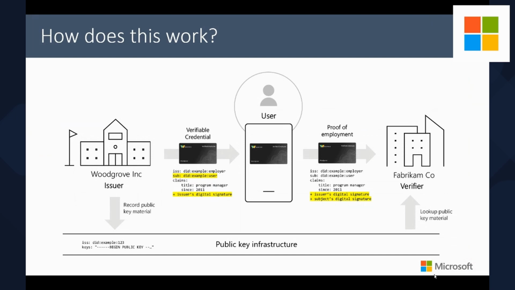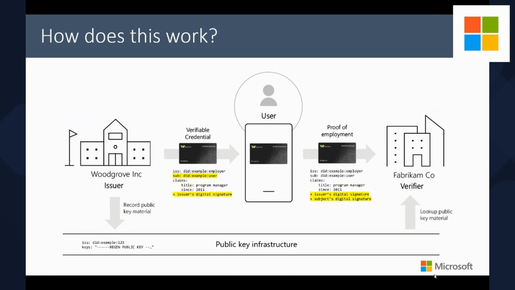Obviously, all the data is there, like issuer DID, the holder DID, claims, but also there will be the issuer digital signature included as before, and the subject digital signature. So the signature of the user of the wallet.